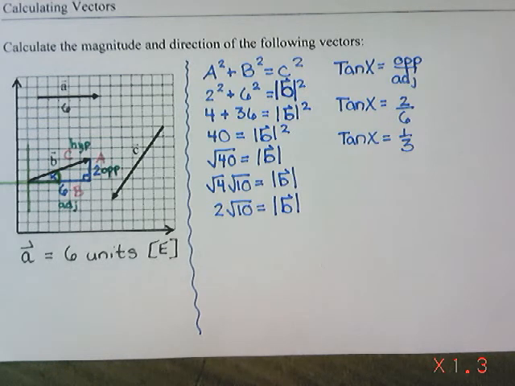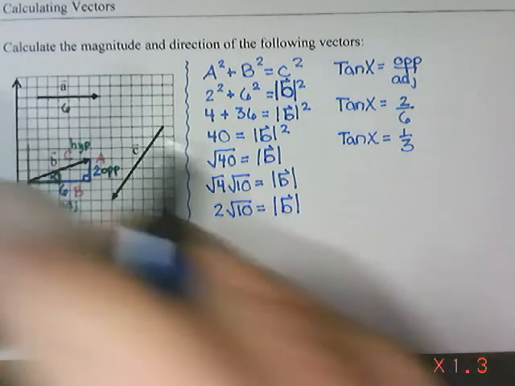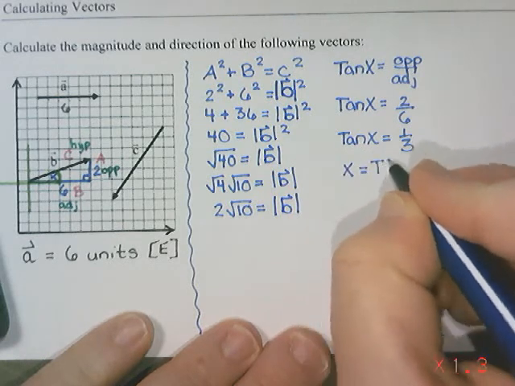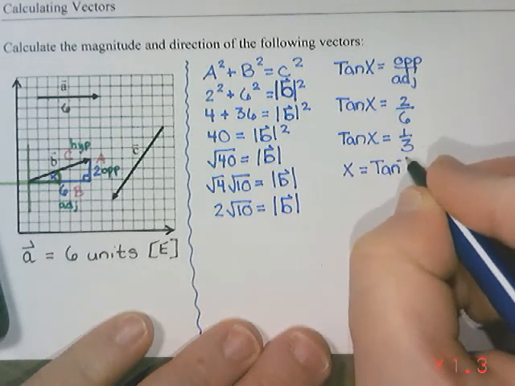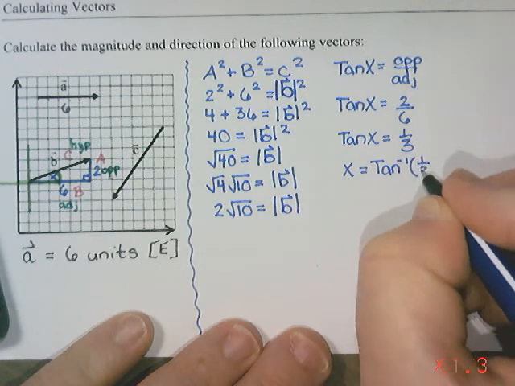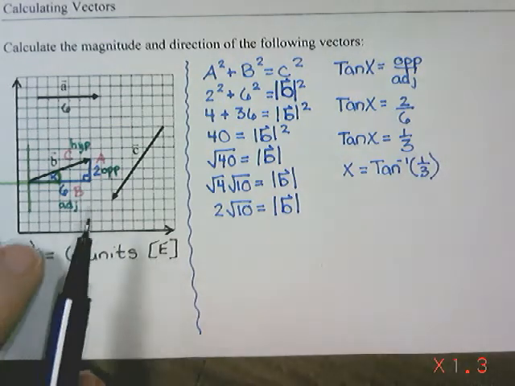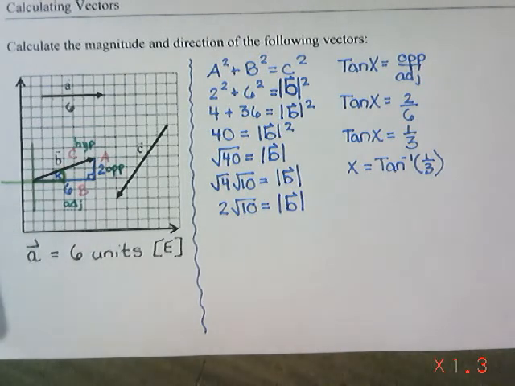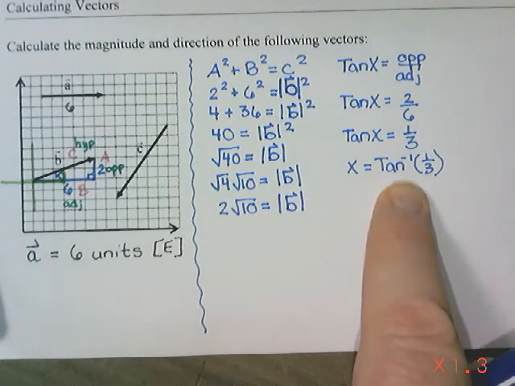We're actually going to use our calculator. So I am going to do the inverse tan of 1/3. And I'm not going to worry about what quadrant it's in because I know that it's just a tiny little angle here that would be in quadrant 1 because it's less than 90 degrees or it's less than pi over 2. So I'm not going to stress about thinking about different quadrants. We're just going to do that calculation on our calculator.